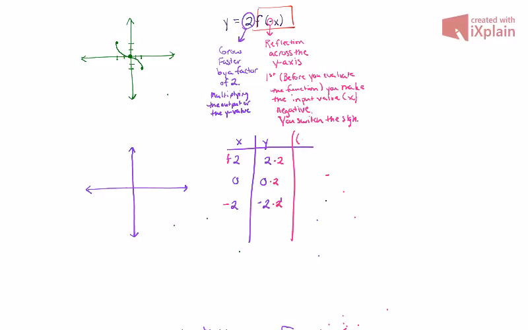And this permits us to generate our new coordinate points. We would have +2, 4, 0, 0. So it turns out for this particular problem, the origin is going to remain untouched, because we are not adding or subtracting any numbers to the function. And then we have -2, -4.